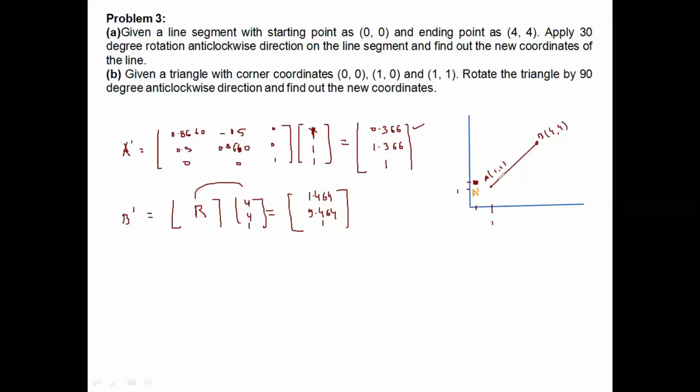And what is B dash? That is 1.4 in x and 5.4 in y. Let's say this is 1.4, and this is 5, and 5.4, and the point is this. So the new line is generated.